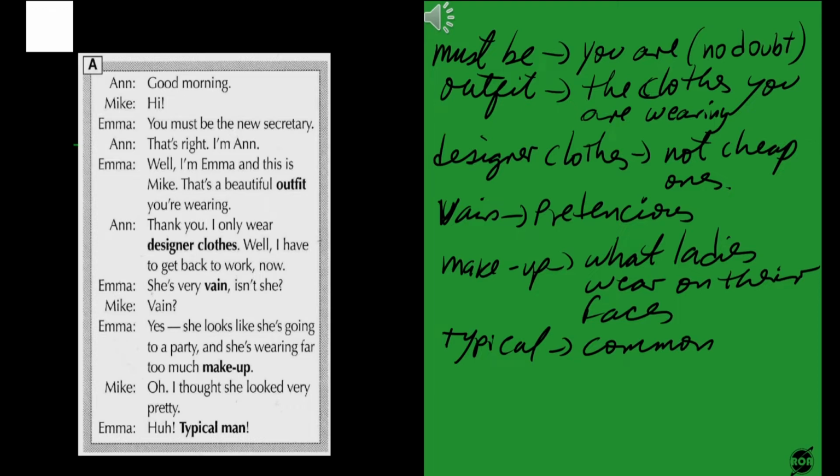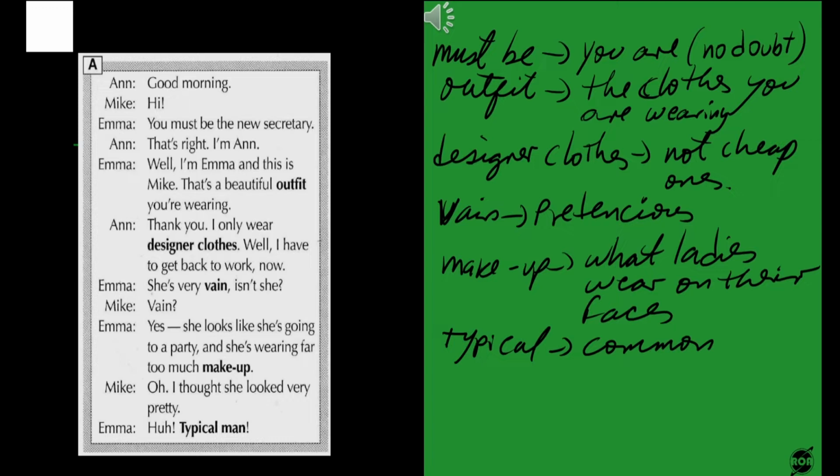Alright, in this conversation, it's a casual conversation in which three people are involved. At first they say, you must be the new secretary. Must be, it means I am sure of that. There are no doubts. And then Emma says, look at her outfit. So outfit means the clothes you're wearing at the moment. Let's say if you have a blouse and a skirt and the shoes, all together is your outfit.